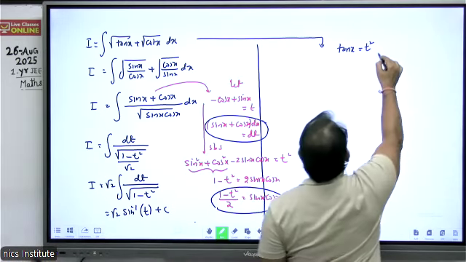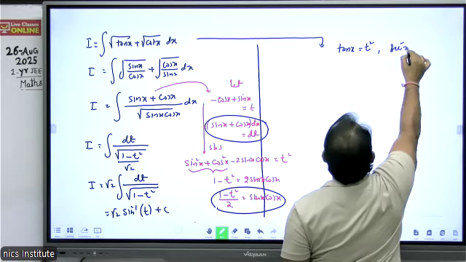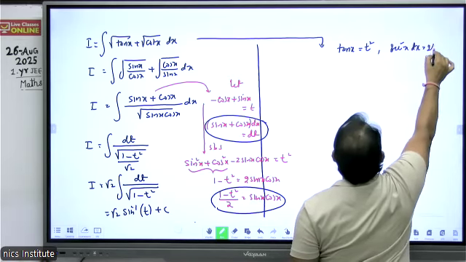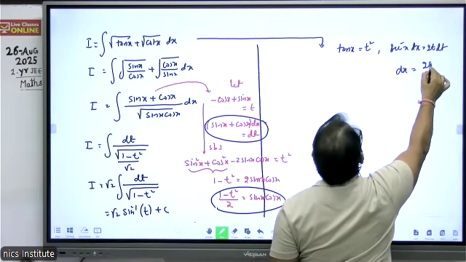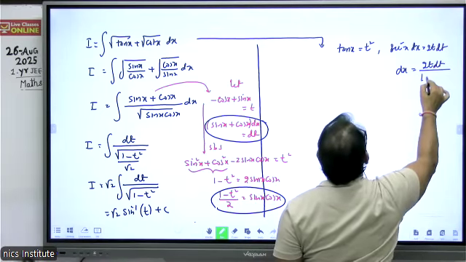So tan x is t square, sec square dx is equal to 2t dt. That is dx is 2t dt over 1 plus tan square, which is t4.